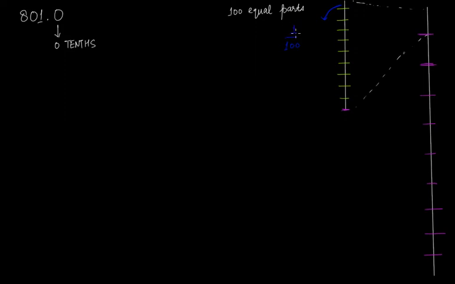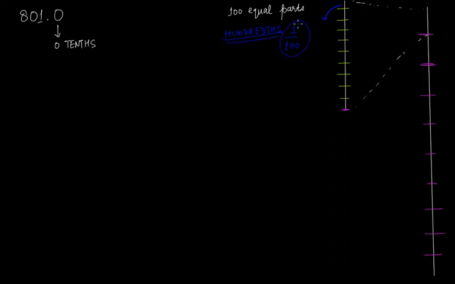Because we are talking about one part out of 100 equal parts. Therefore, the fraction represented by this equal part is 1 over 100. And that's what hundredths actually is. In decimal notation, this is what the hundredths place value means.